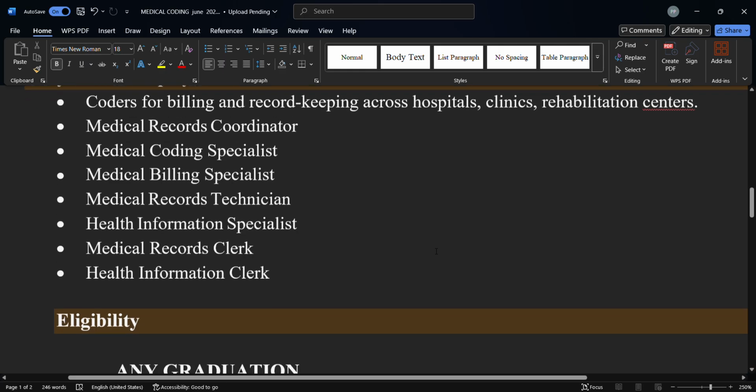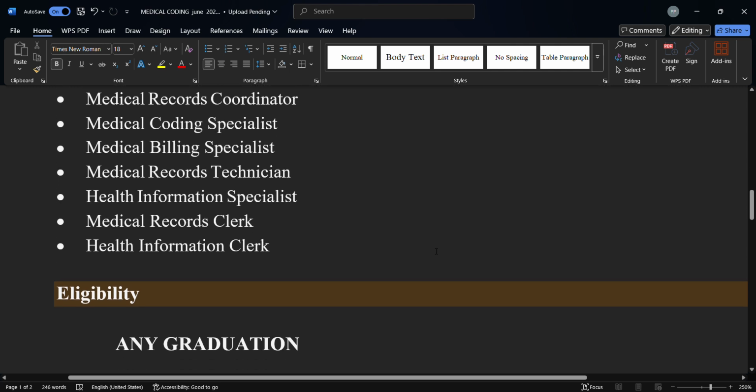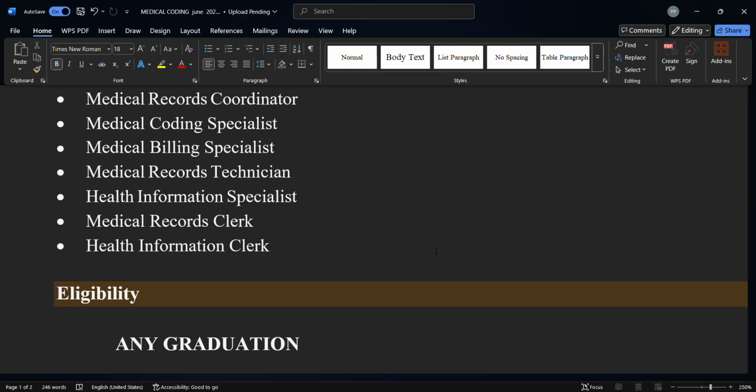Next is the eligibility. About the eligibility for medical coding, any graduation is preferred. If you are from a non-science background, you can take medical coding, no issues. If you have a science background, also no issues.